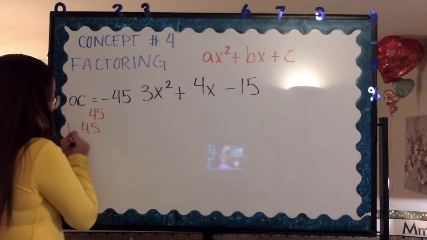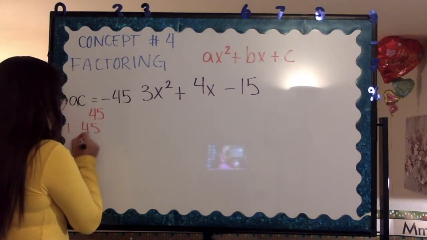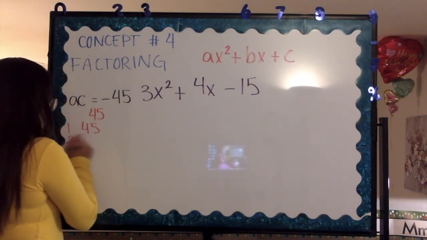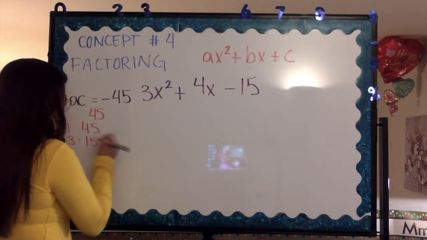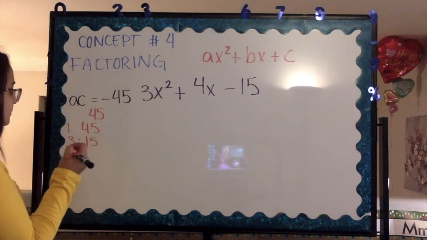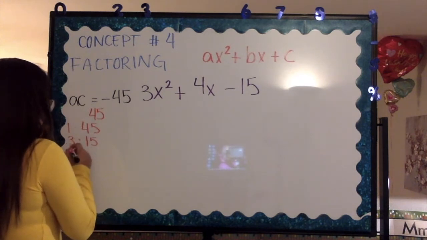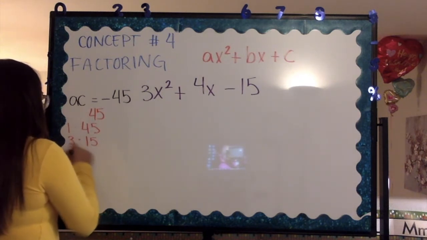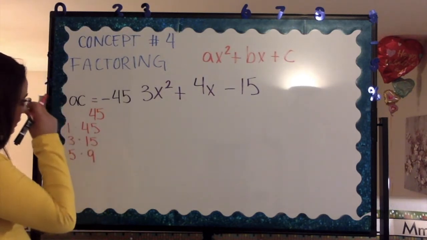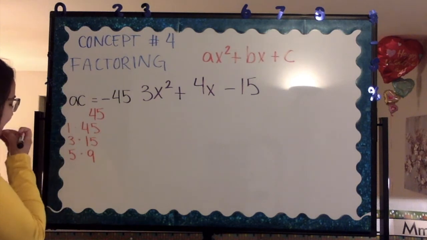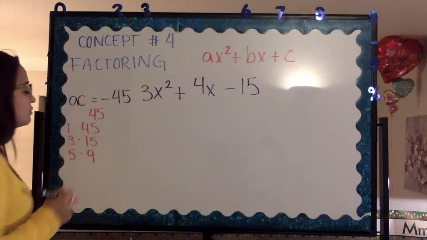I believe 2 does not go into 45. 3 does. 3 times 15 equals 45. Okay, 3 times 15. Then we have 5 times 9 equals 45. And then 6, 7, 8, 9. I believe these are all our factors for 45.